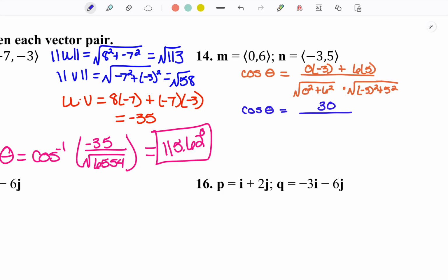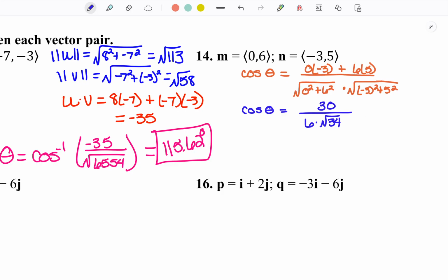And then on the bottom, we have the square root of 0 squared plus 6 squared. That is actually going to be just 6. And then for our negative 3 squared plus 5 squared, that is going to be just the square root of 34.